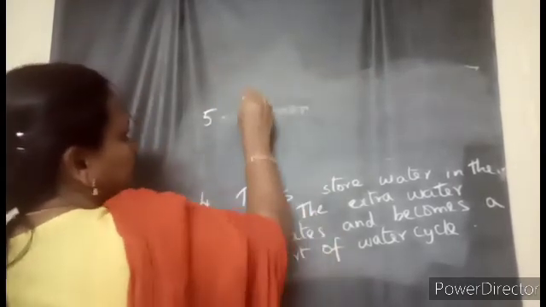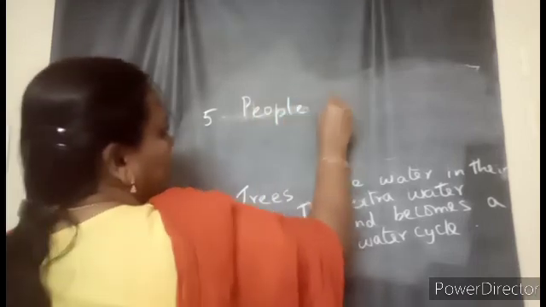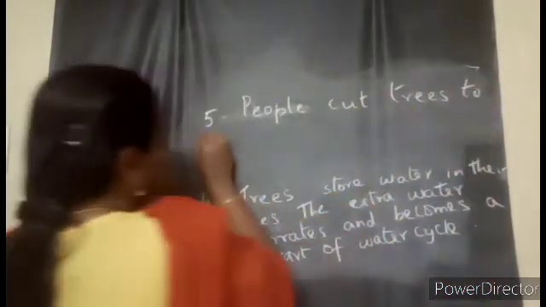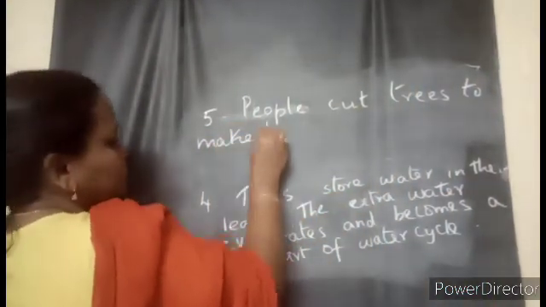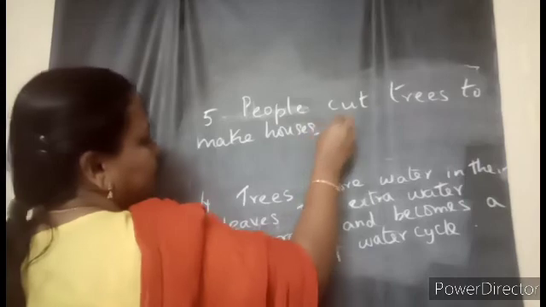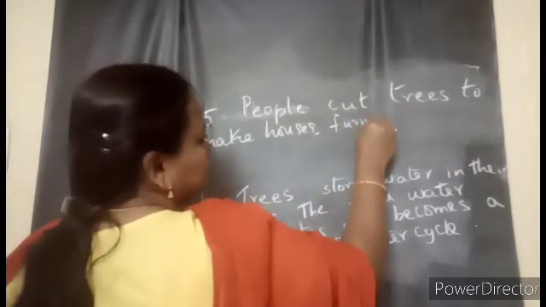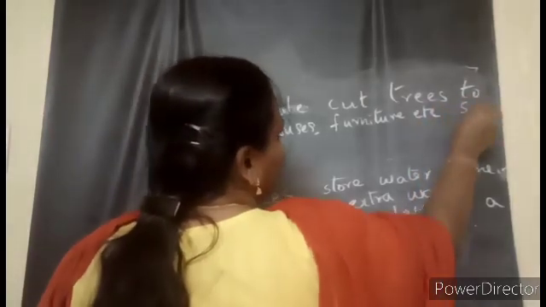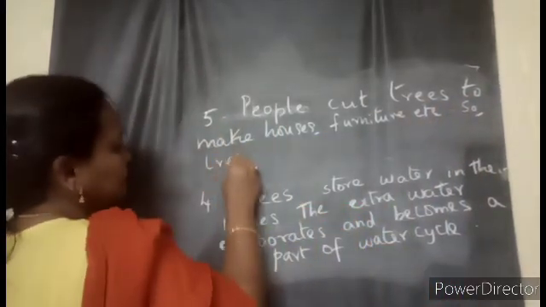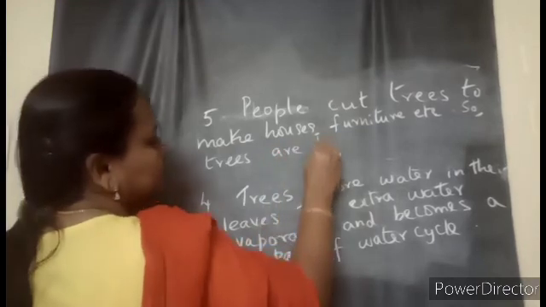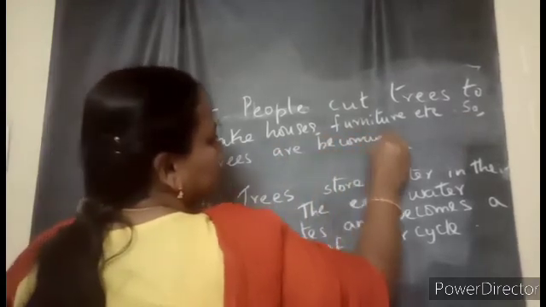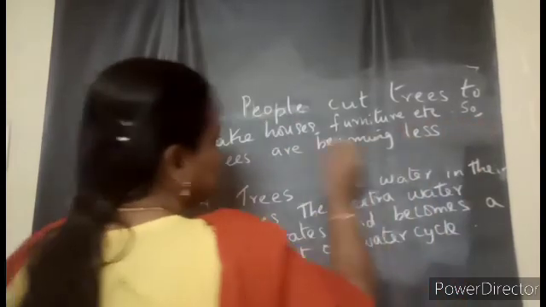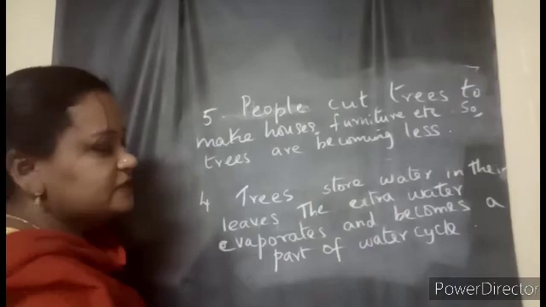People cut trees to make houses, furniture, also so many things, like to get the paper and all. So trees are becoming less. Trees are becoming less.